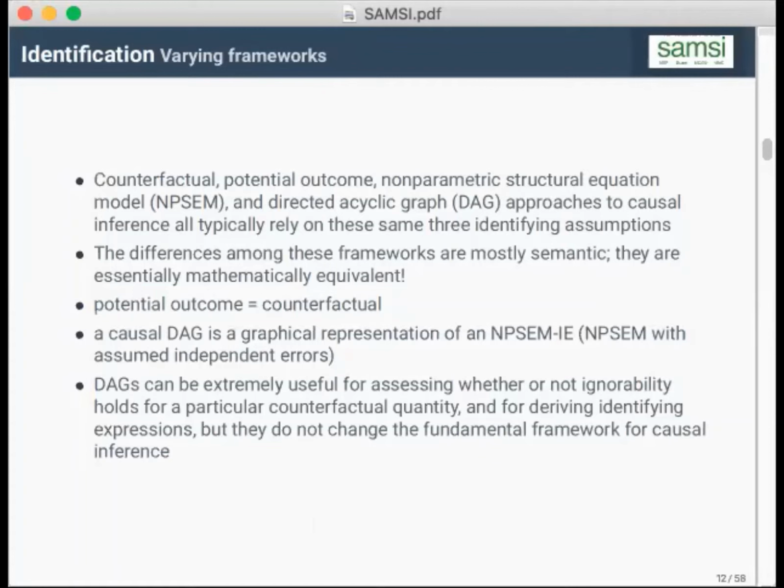There are lots of different languages or frameworks for talking about causal effects, but they all tend to rely on these same identifying assumptions.